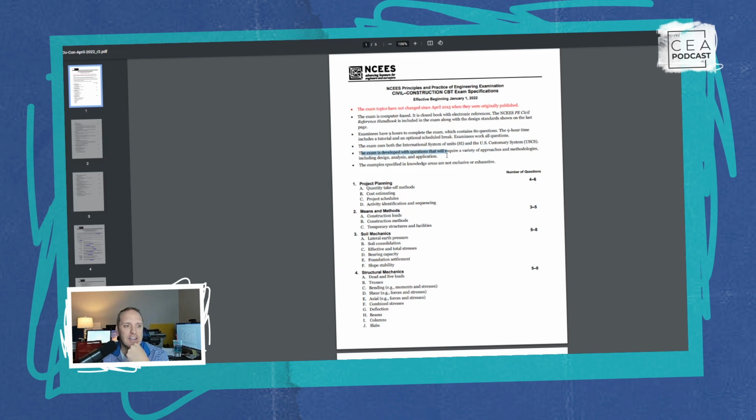And again, the exam's developed with questions that require a variety of approaches and methodologies, including design, analysis, and application. Meaning they can ask these in a variety of ways. If you do any research on the NCEES and you know these are CBT, you know that not all problems are necessarily multiple choice.